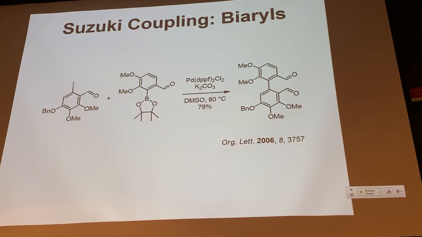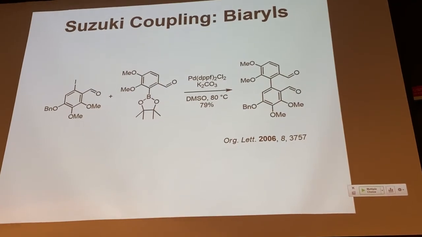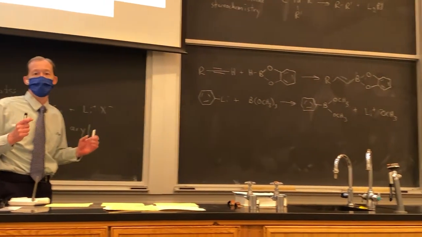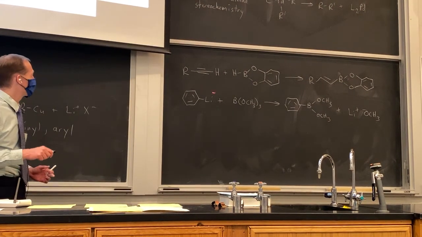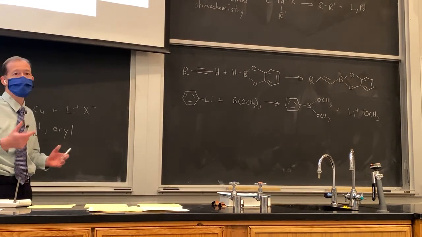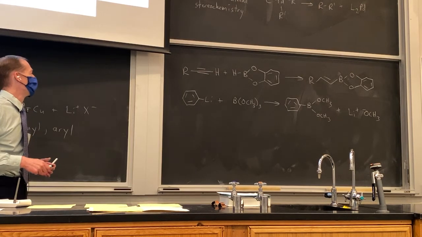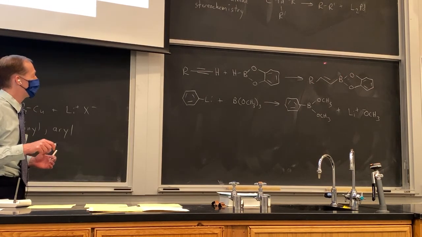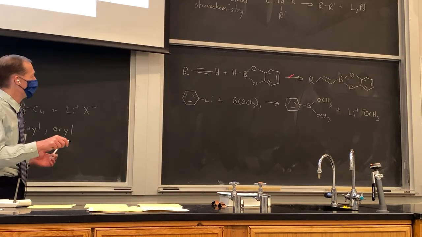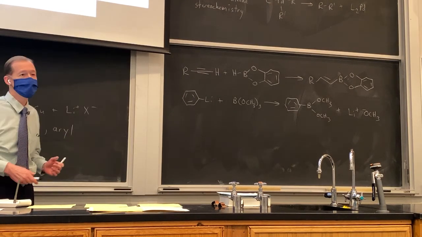Just briefly on the board, we'll show you a couple of ways that we can make the boron reagents that are used in the Suzuki coupling. We can perform a hydroboration of a terminal alkyne, and the boron adds to the end of the chain. It's a syn addition. The boron and the hydrogen are cis to each other, so we would get a trans alkene in that case.